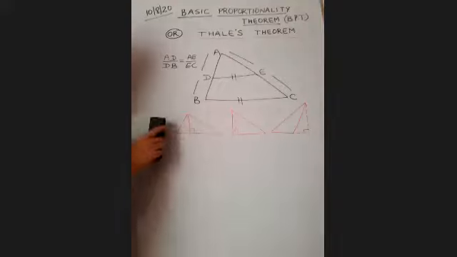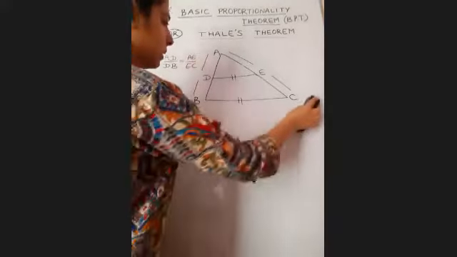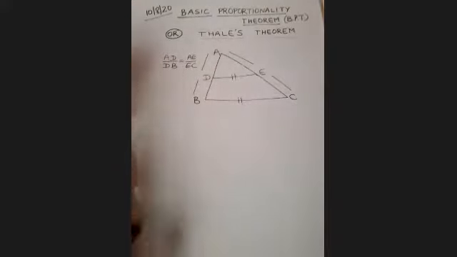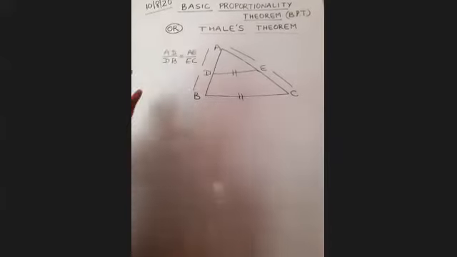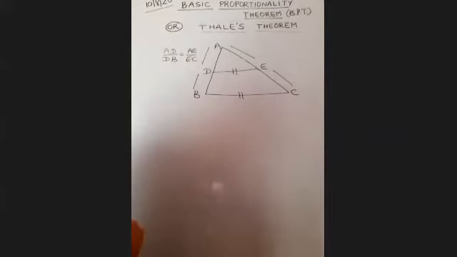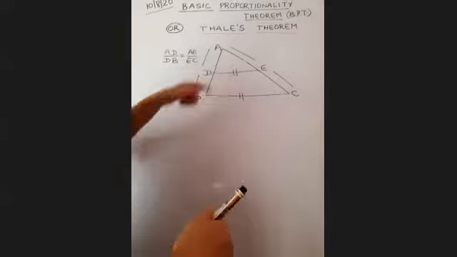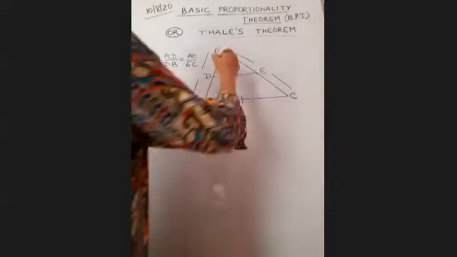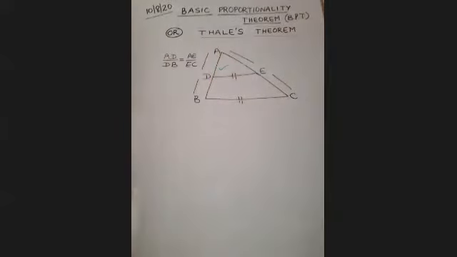Clear? Now see, I'm just giving you the hint to solve this theorem. We have to talk of AD, DB, AE, EC. Using these four sides, one at a time, figure out the triangles. AD is a part of which triangle? ADE. AE is a part of which triangle?